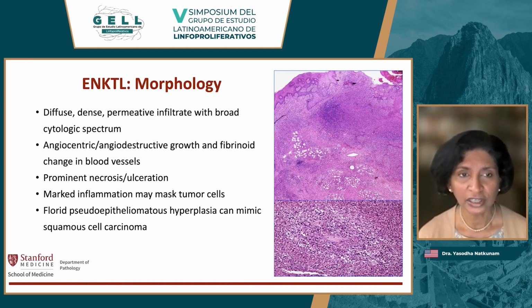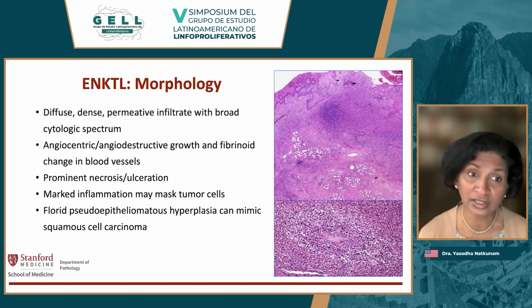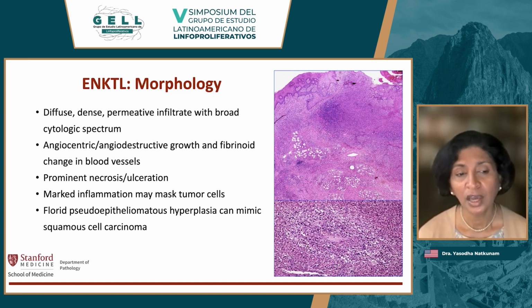So let's take a look at the morphology. Usually there is a diffuse, dense infiltrate with a broad cytologic spectrum. So it can be small cells, medium-sized cells, large cells, but the most prominent feature is vascular damage. So it surrounds vessels and destroys vessels.